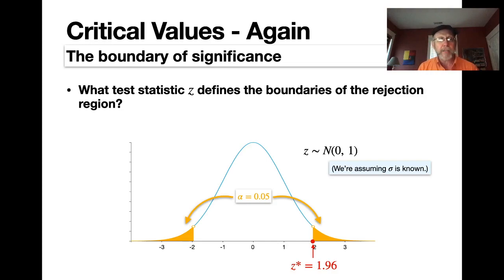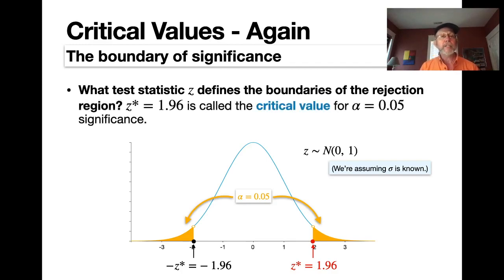It still has exactly the same value, but the interpretation now is that that number defines the boundaries of the rejection region, right? The rejection region would be anything bigger than our z-star value of 1.96. That would be the right tail. Or anything less than the negative of that, negative z-star, our negative 1.96. So z-star equal 1.96 is called the critical value for a 5% significance test.